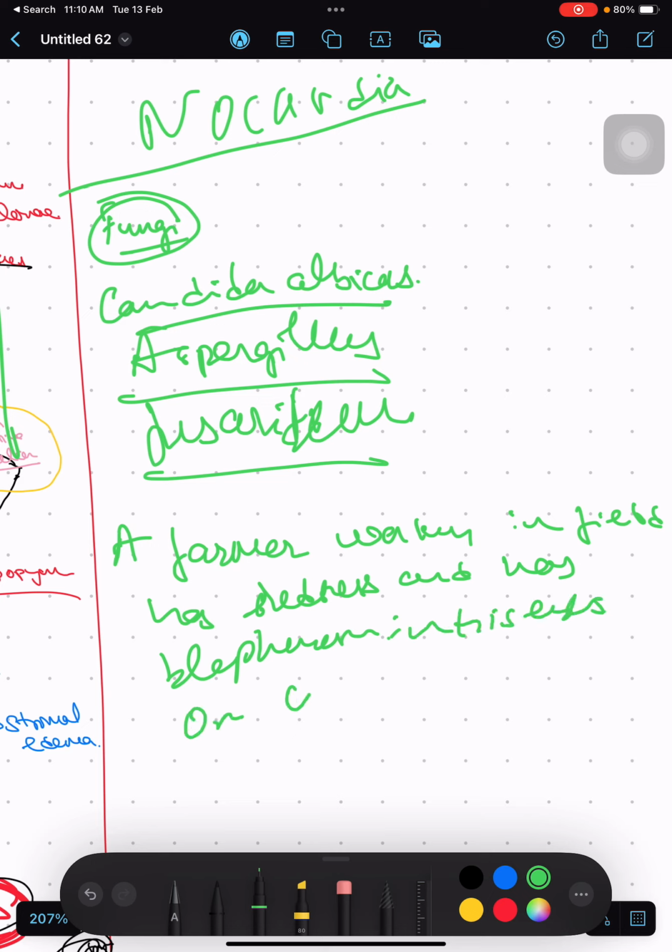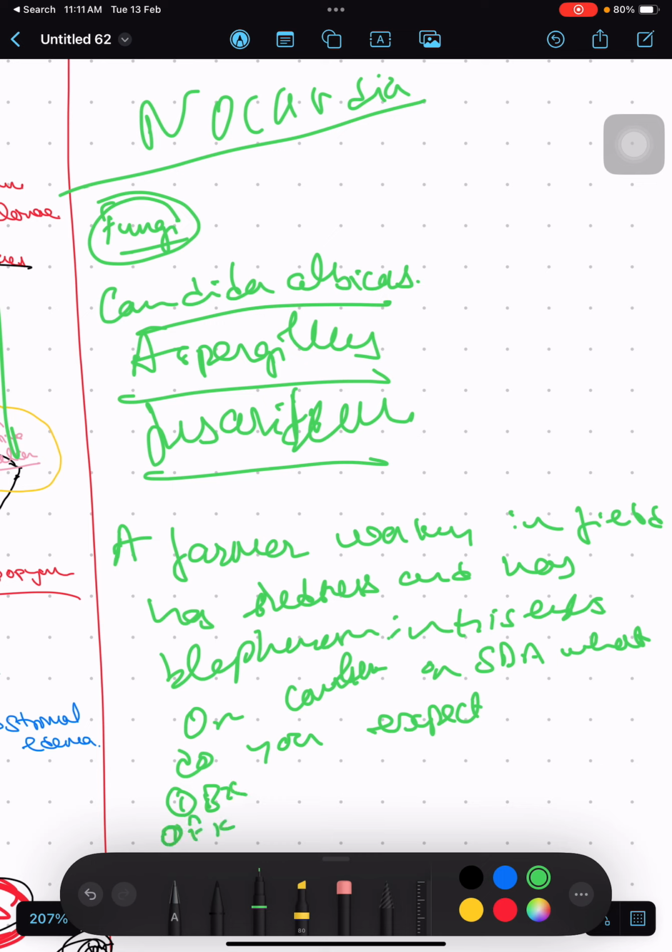On cultivation on SDA, what do you expect? One is bacterial keratitis, second is fungal keratitis, third is viral keratitis, fourth is none. So if this is a question, we have two cues, okay?